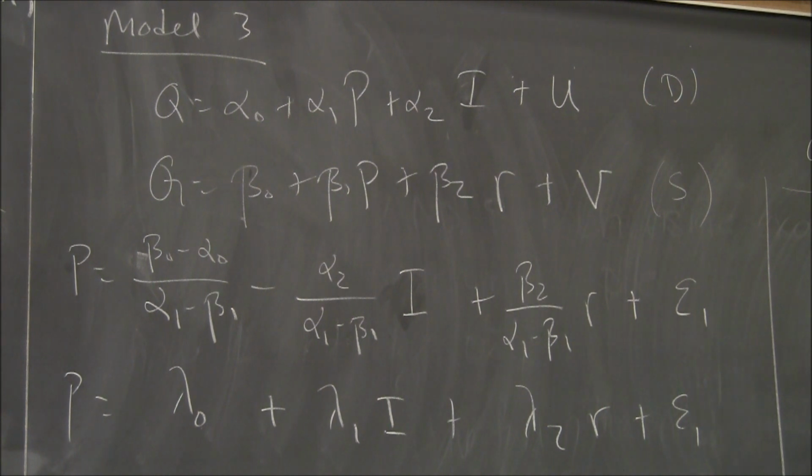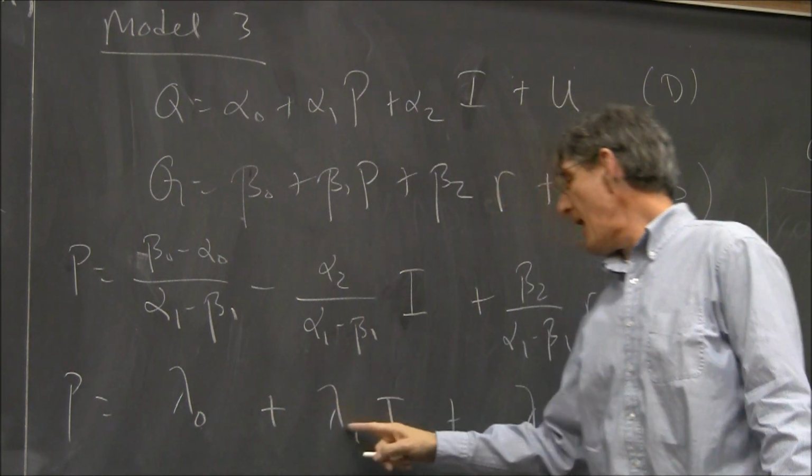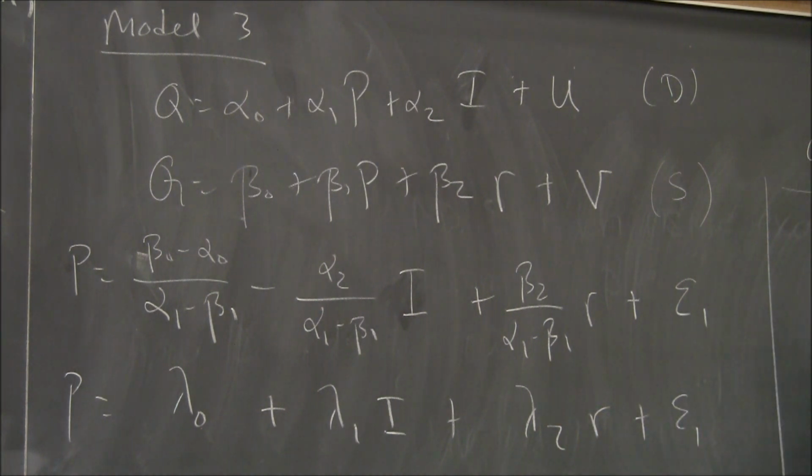And again, the question is, does knowledge of the lambdas and the gammas allow us to get back to the alphas and betas? Can we recover the alphas and betas?